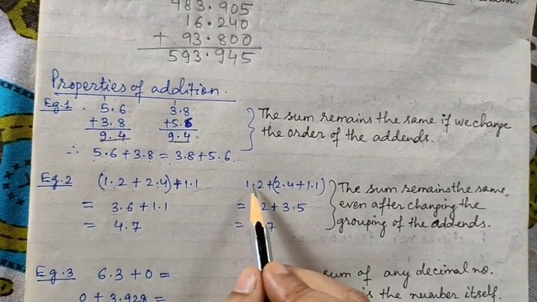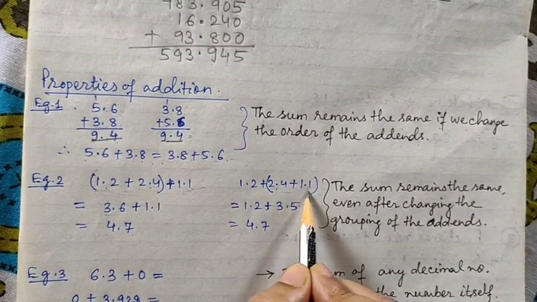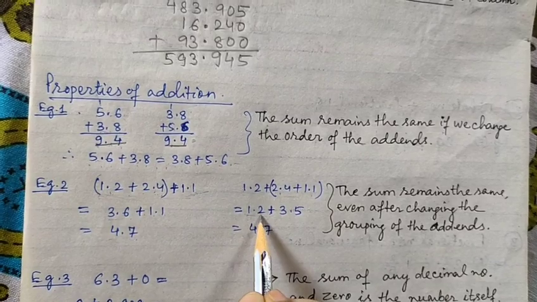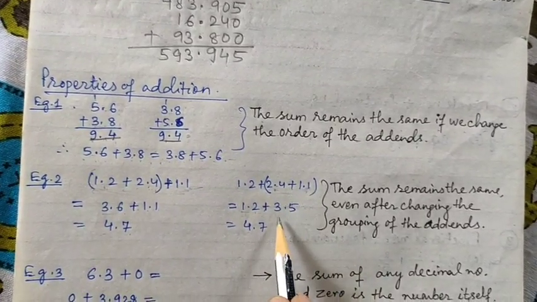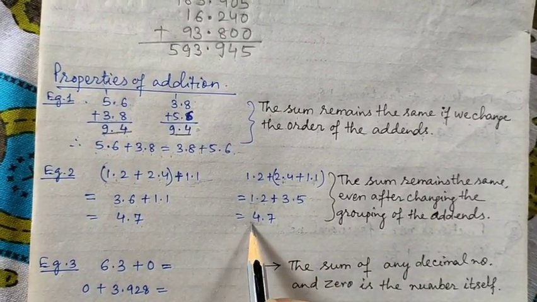The same three numbers you have to write again, but in this case I have grouped second and third decimals and add them first. So 1.2 remains 1.2 as it is, then plus, then these two numbers are added, it is 3.5. Again the final answer is 4.7.